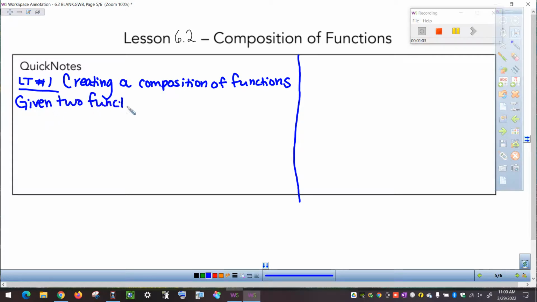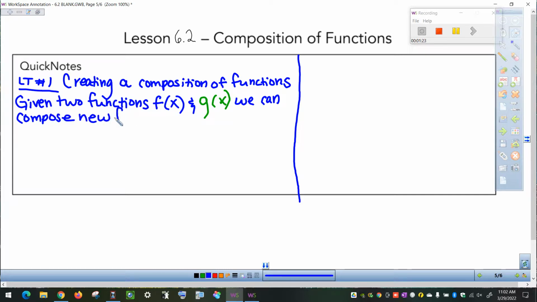Given two functions, I am going to call them f of x and g of x, although they could have a different name, we can compose new functions by inputting the whole function into the other.